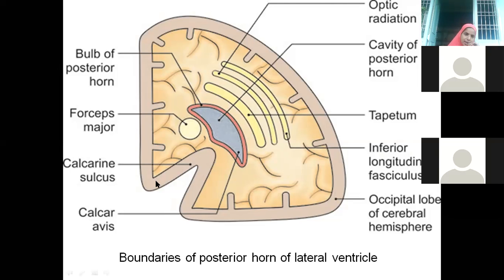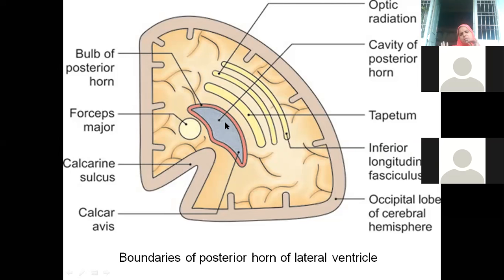That calcarine sulcus is indented so much that it shows its elevation in the posterior horn of the lateral ventricle, forming an elevation which is called the calcar avis. What is the name given to this elevation corresponding to the indentation of the calcarine sulcus? We call it calcar avis.